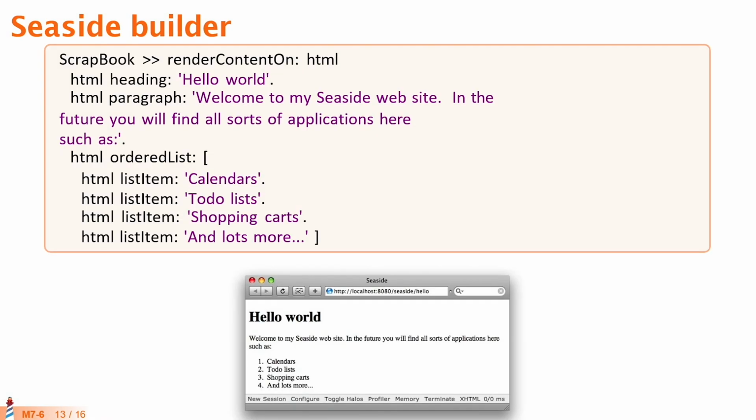Let's see another example, because we really want to understand the importance of the builder API. We have Seaside. Seaside is our web framework that allows us to produce nice web pages using a really beautiful builder API.